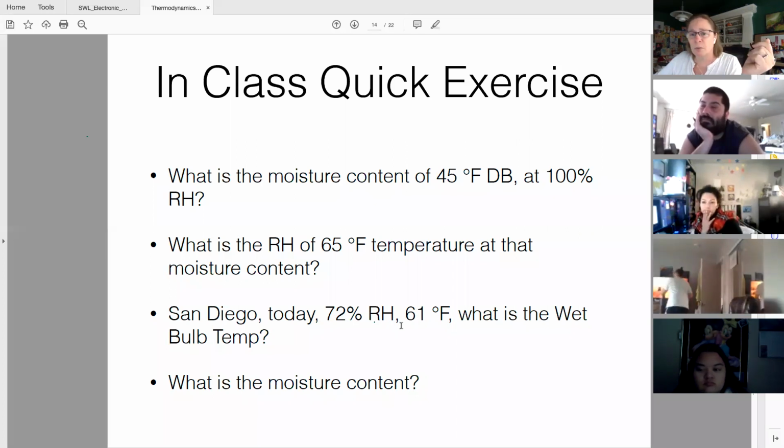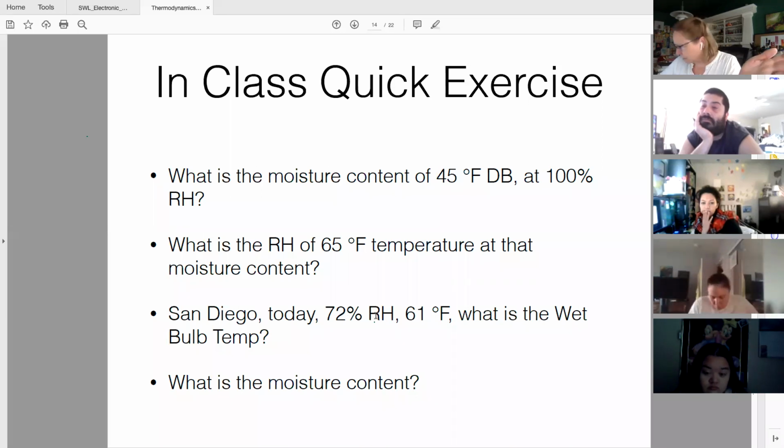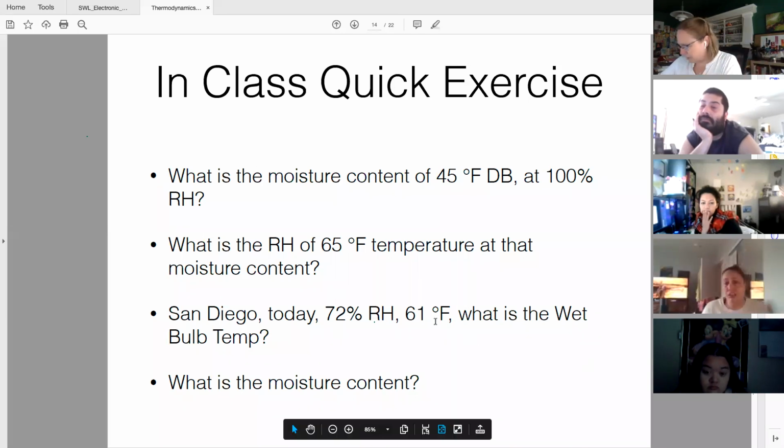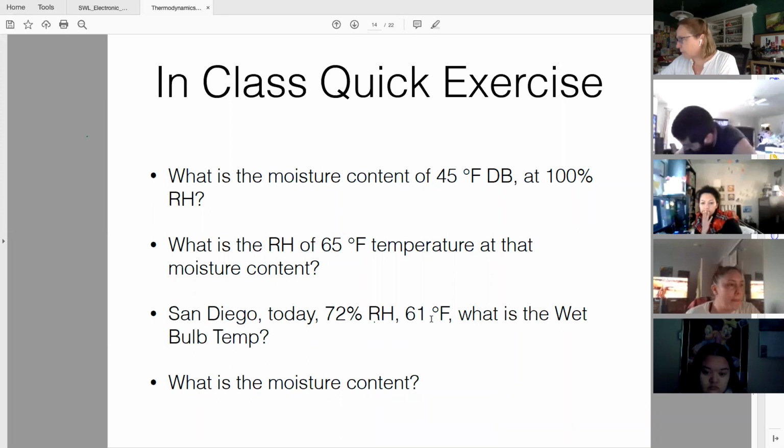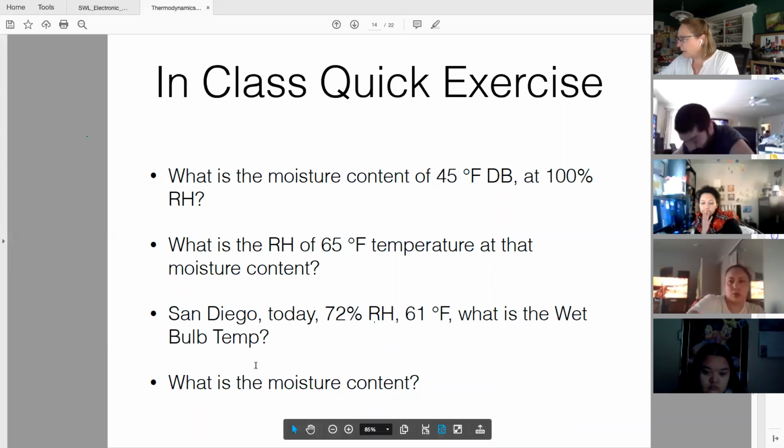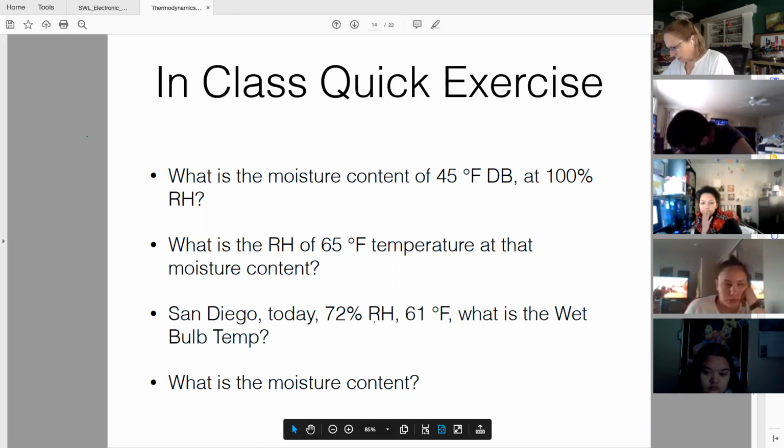And I don't know if you guys remember when we were talking last week, and I looked up what the relative humidity was, and it was like 17%. So we've gone from like 17% to 72% in a week. So we're looking for the wet bulb temperature. If Dave and Arturo can look for that one, and don't worry about that question.